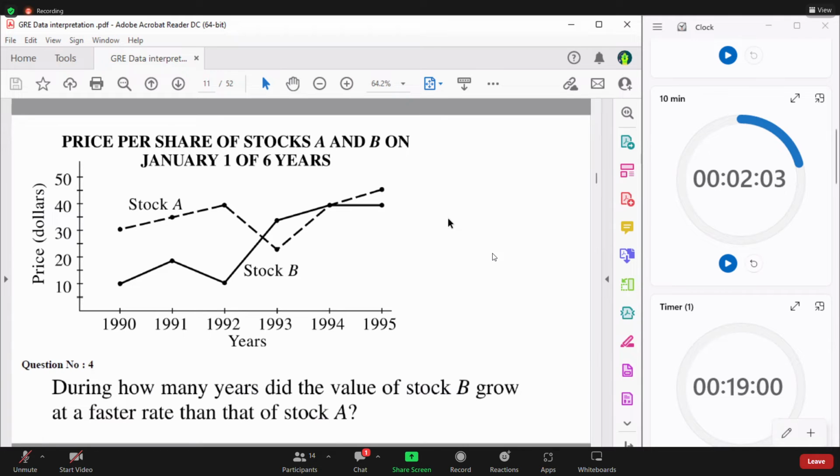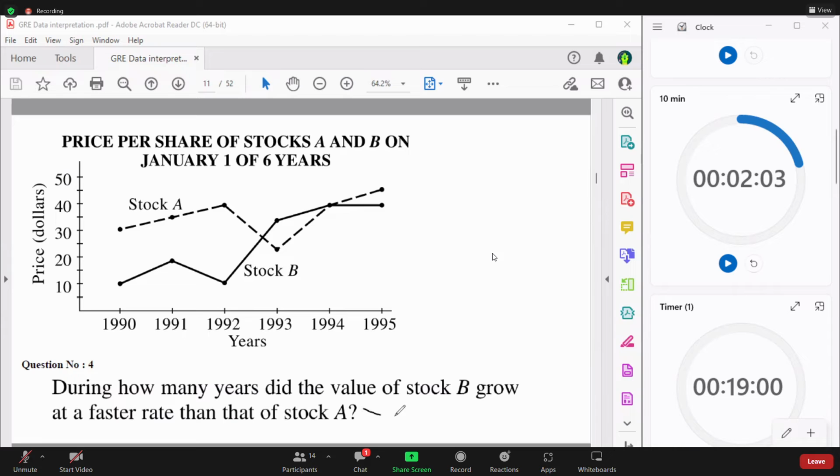During how many years did the value of stock B grow at a faster rate than stock A? Anyone? 2 years. It is 1990 to 91 and 92 to 93.